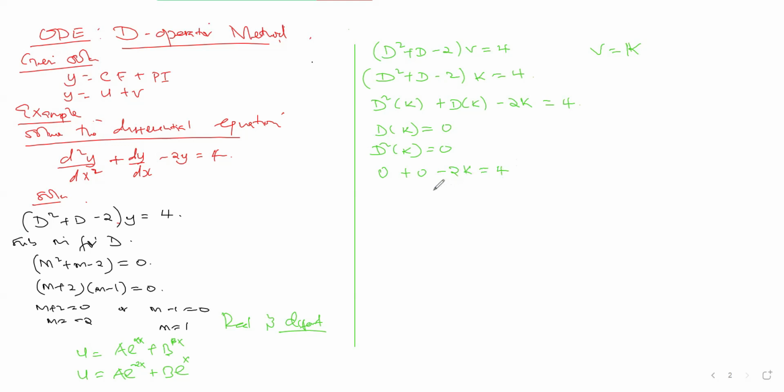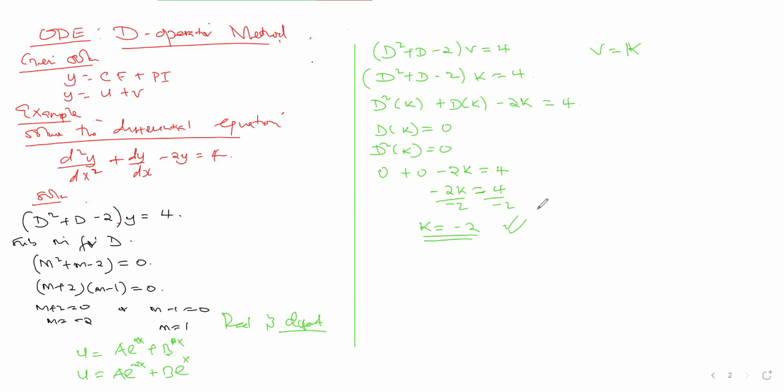So what do I have on this side? Minus 2k equals 4, divided by negative 2 on both sides. Therefore, your k value is negative 2. So this outcome is what we shall have as our v. Therefore our v part is negative 2.